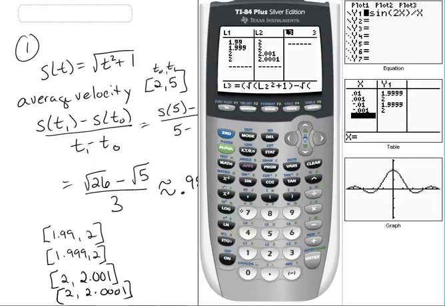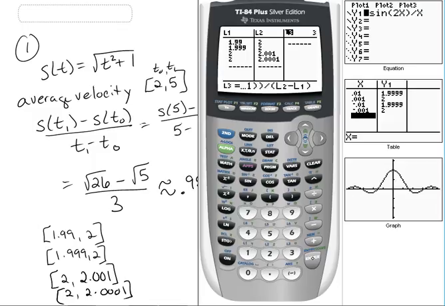So you do second 1 to get L1, and then square it, and then plus 1. And then you're going to divide that by the length of the interval, and you got to put that in parentheses. Oh, and I missed my parenthesis in my numerator here. So put another parenthesis, and then divide it by parenthesis. It's going to be L2 minus L1. So second L2 minus second L1.